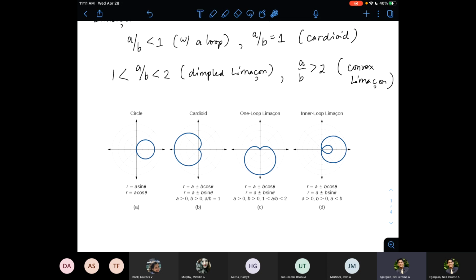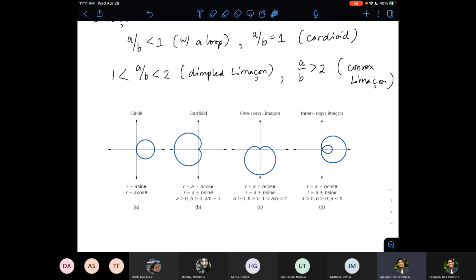So you can think of it as the smaller the value of a over b is, the more you poke one part of the limaçon so that it will go inside. So the smallest one is a over b less than 1. That's like poking one side of a circle with a lot of force that caused the part of the limaçon to go inside, right? So that's what you got.